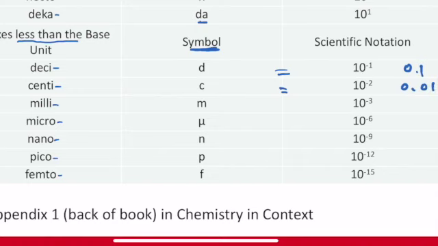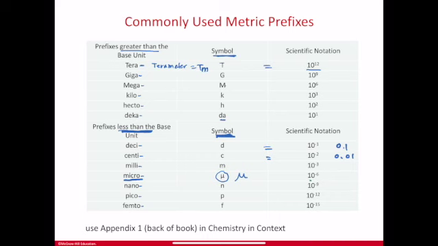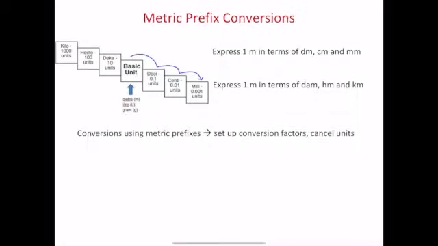These are lowercase letters when it's less than the base of 1. But this is a Greek symbol, micro, and it looks like this sometimes when I write it, and that is 10 to the minus 6. These are also in Appendix 1 in the back of the Chemistry in Context ebook textbook.